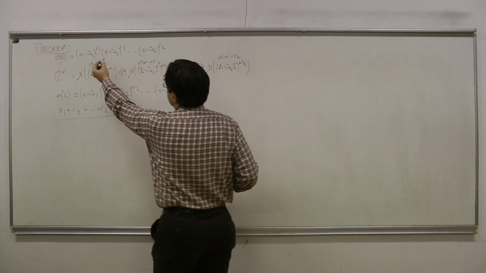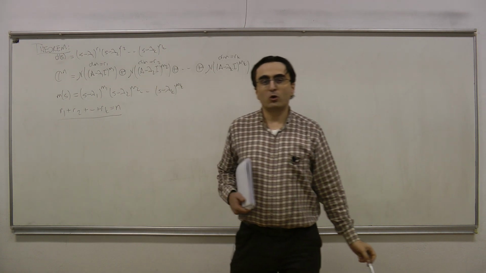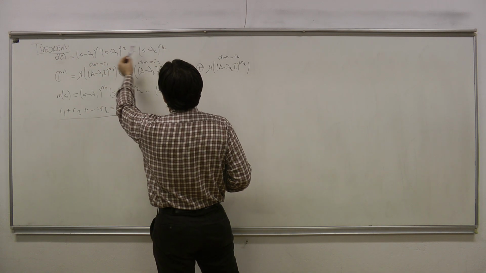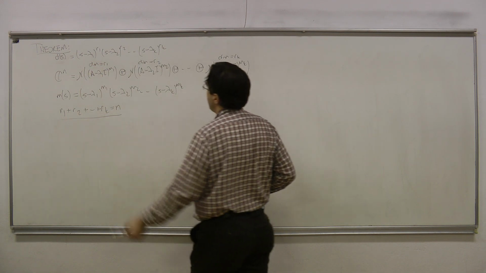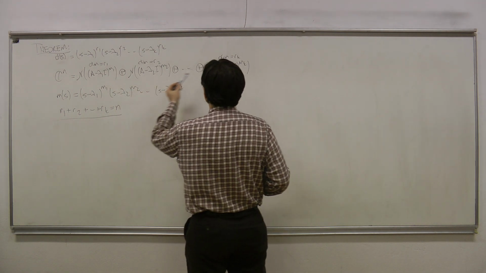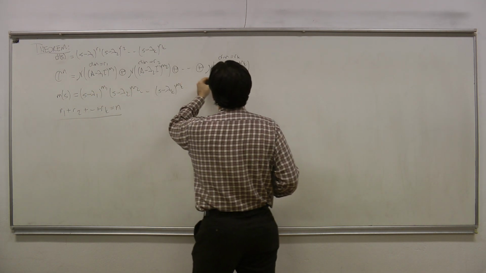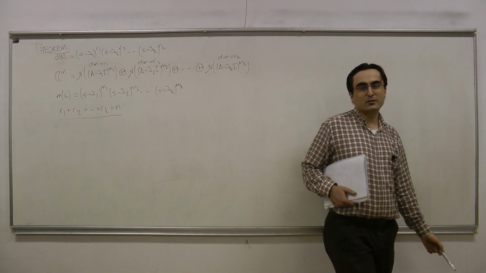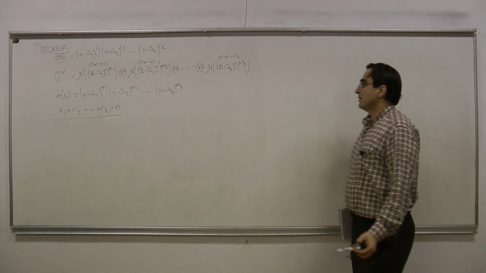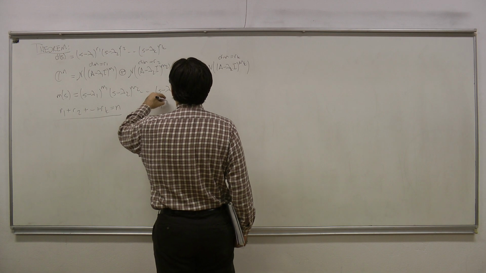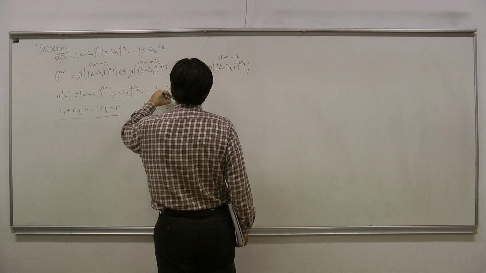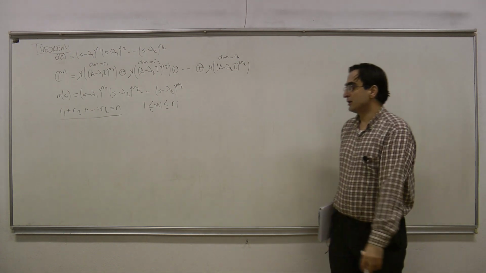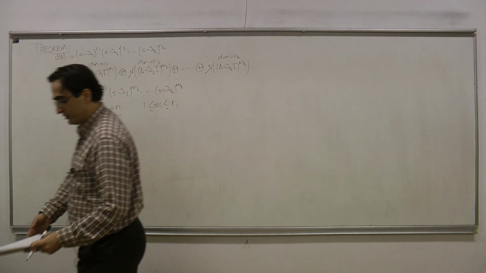Because the characteristic polynomial should be an nth order polynomial if the size of the matrix is n by n. That means that these powers should sum to n. Or I can look at this decomposition: the dimensions of these subspaces in a direct sum should sum to n, the overall dimension of Cn. And I know that these minimal polynomial powers, on the other hand, should be somewhere between 1 and ri. So this is the general information for the decomposition.